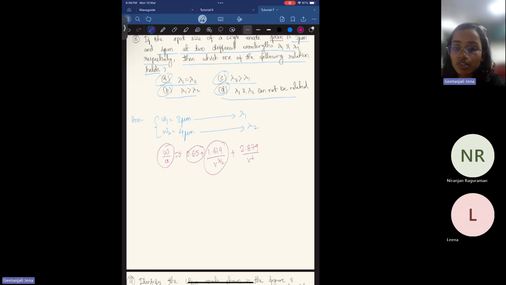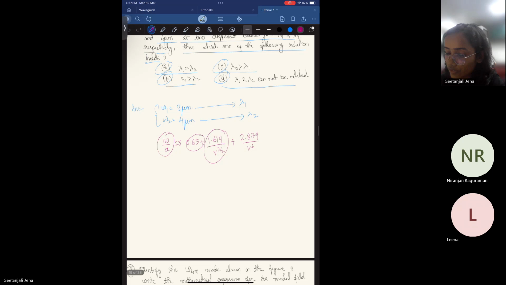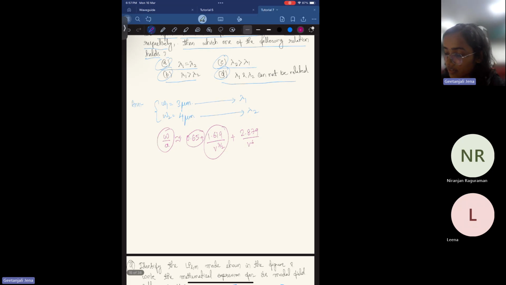If you neglect these terms, you can see it is inversely proportional to V. Qualitatively, it is inverse. So W by A is inversely proportional to V. Now, you can express V in terms of lambda: it is proportional to 1 over lambda times numerical aperture.